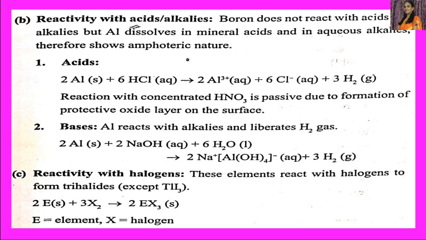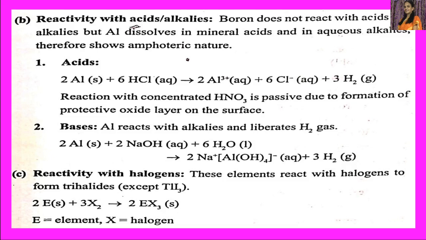Now, reactivity with the halogens. If we consider the reactivity of these elements with halogens, that is fluorine, chlorine, bromine, iodine, etc., they react to form trihalides, except thallium triiodide, TlI3. The rest of the trihalides are possible. That is, these elements combine with halogens. For halogen in general, we use the formula X2.